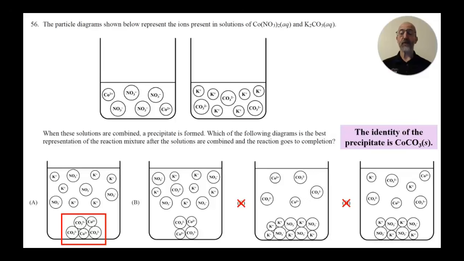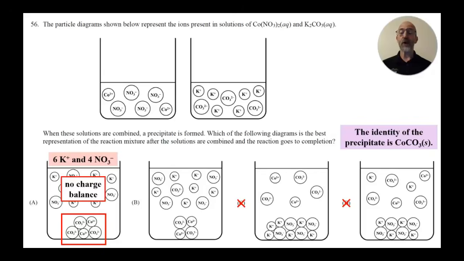It shows 3 carbonate ions and 2 cobalt ions, so we don't have charge balance. And in the aqueous portion of the particle diagram for choice A, I see 6 positive potassium ions, but only 4 negative nitrate ions. So choice A is incorrect because there's no charge balance for either the aqueous portion or the formation of that solid precipitate.